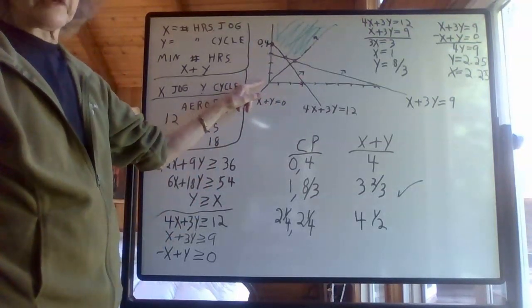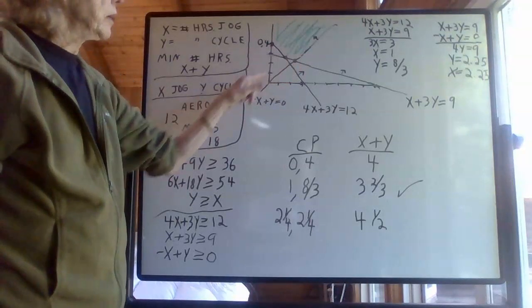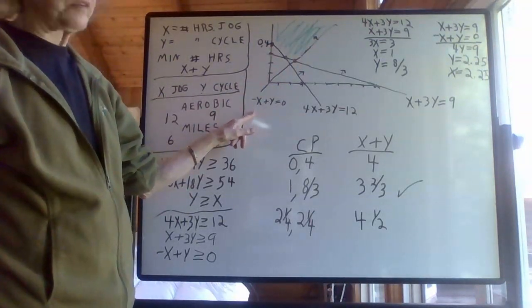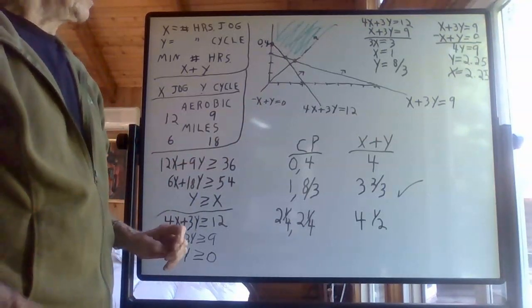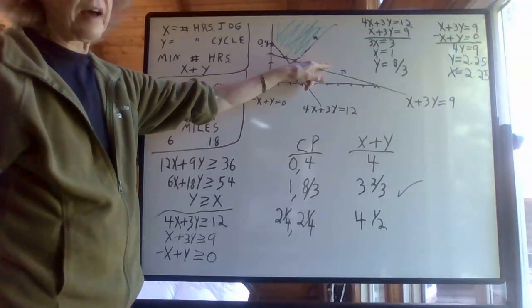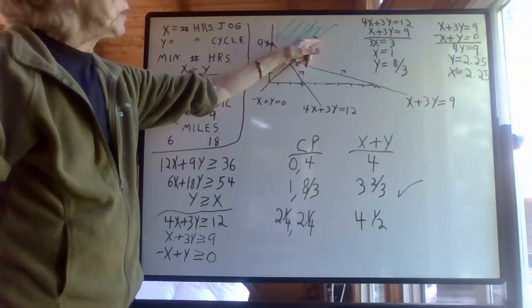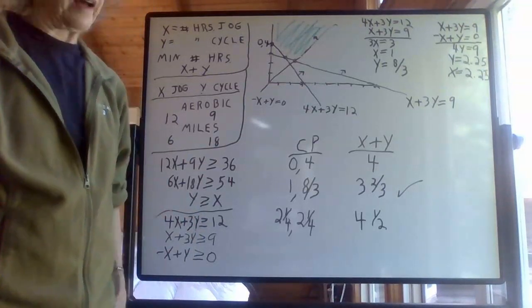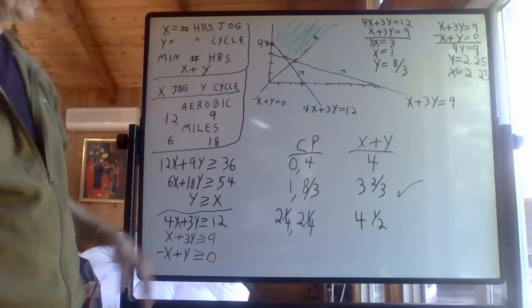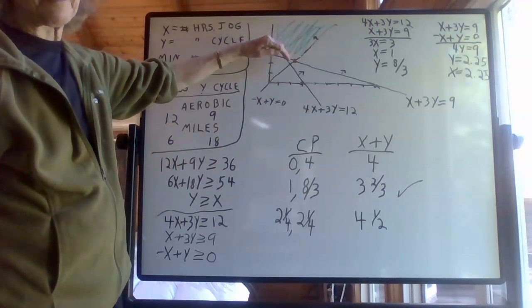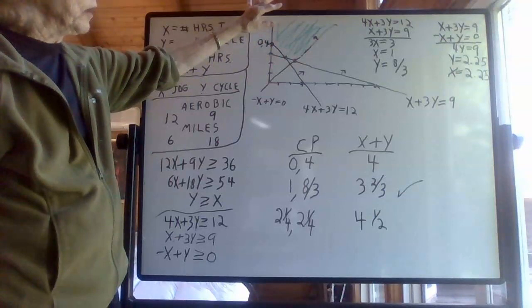So it goes from 0, 0 to 3, 3, and it would be this line here, minus x plus y equals 0. Now, you'll notice the feasible region has to be above these 2 lines and to the left of this line. So basically, you don't cross over any lines. And a minimum program is always up. You're seeking to go as low as possible for a minimum program.